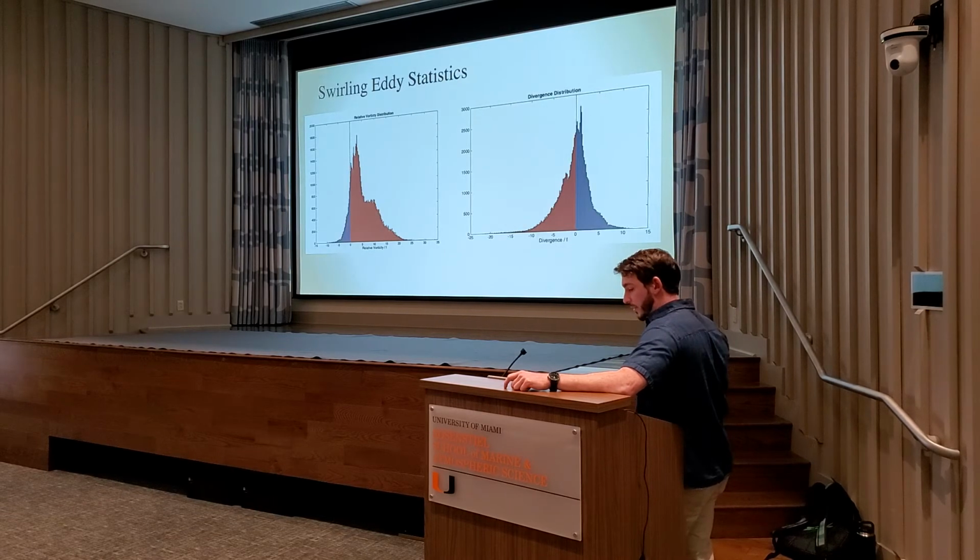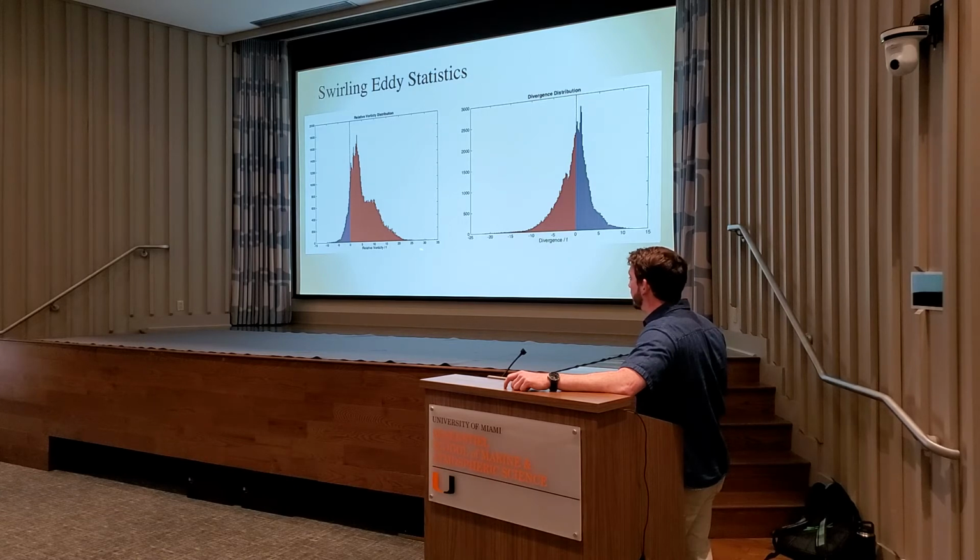And if we take both of those animations and put all the values of relative vorticity and divergence into histograms, we can see that positive relative vorticity is dominating the dynamics here, as well as negative divergence having values of up to 22, 23 over f, which is the Coriolis parameter.